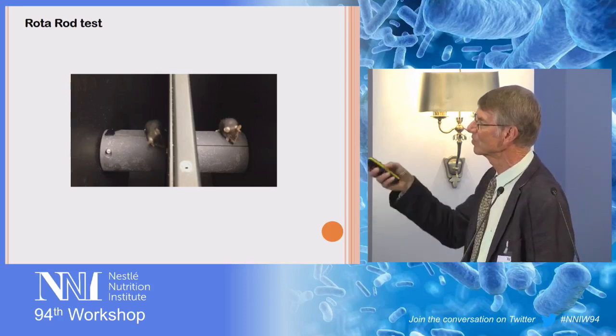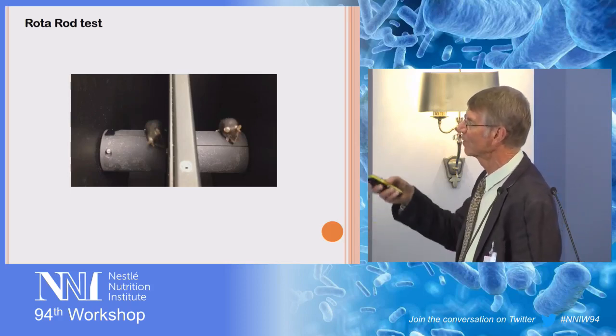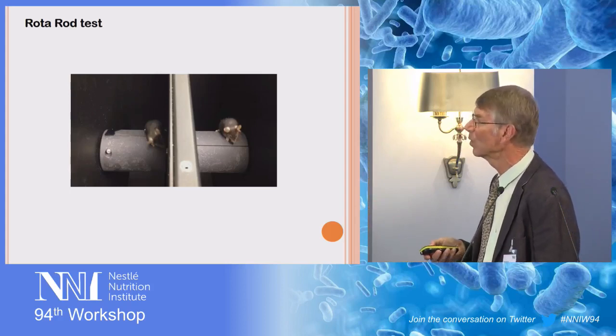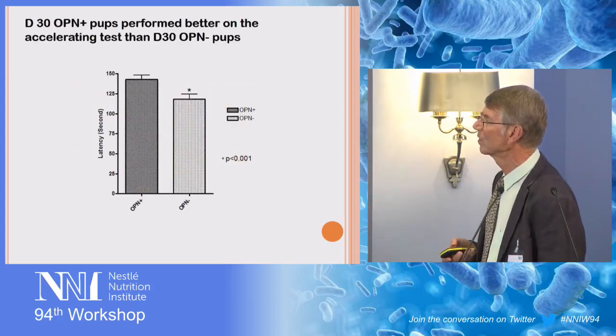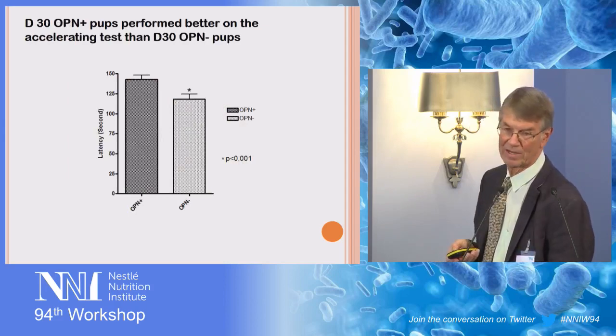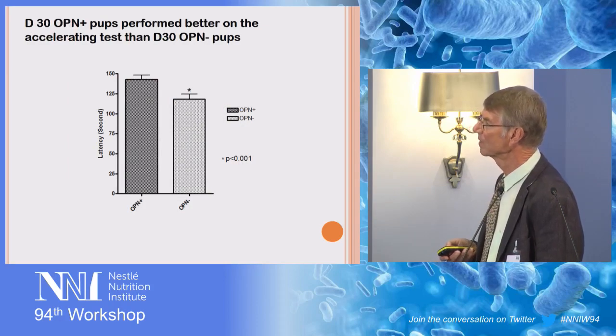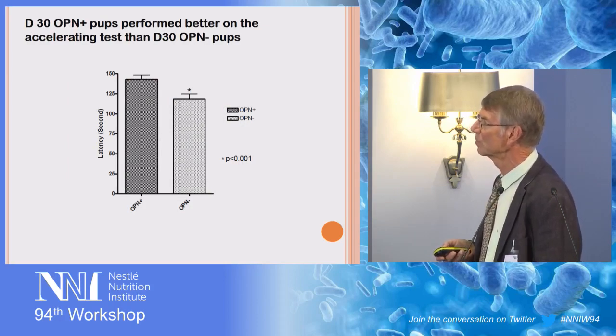They're rotating very slowly and successively going faster, and then the mice learn how to cope with that. But if you don't get milk osteopontin, you don't learn as well. Again, showing that cognitive development and memory functions seem to be impaired if you don't get osteopontin in your milk.